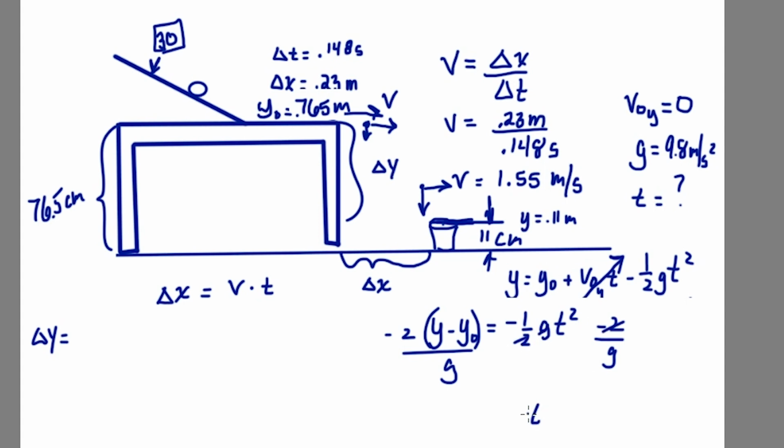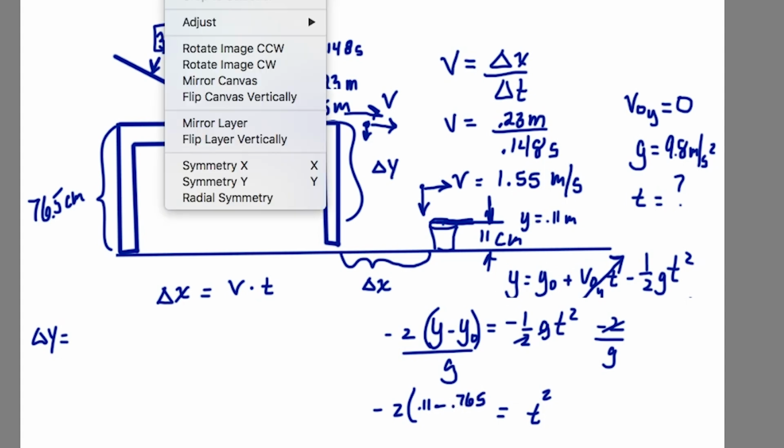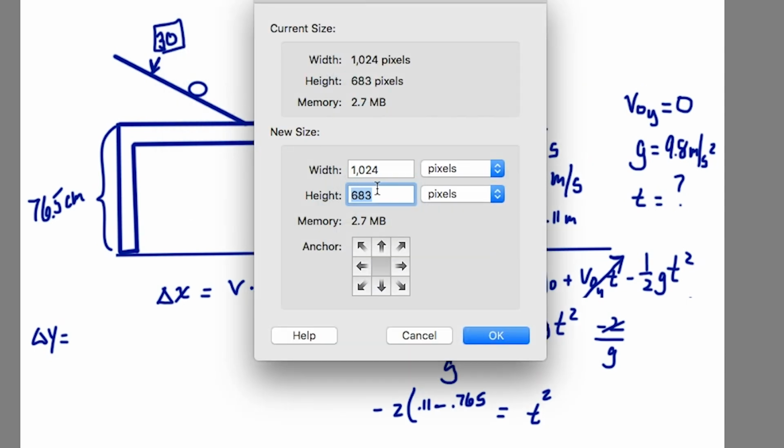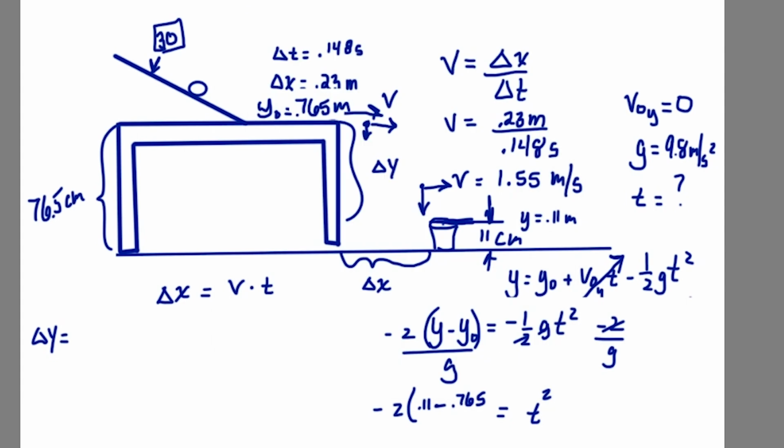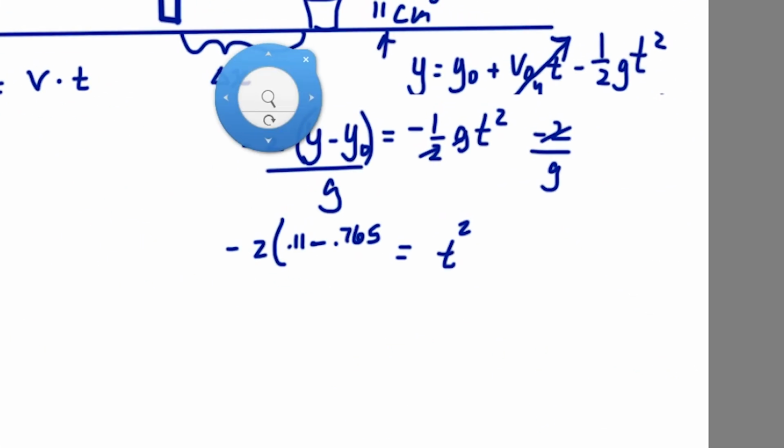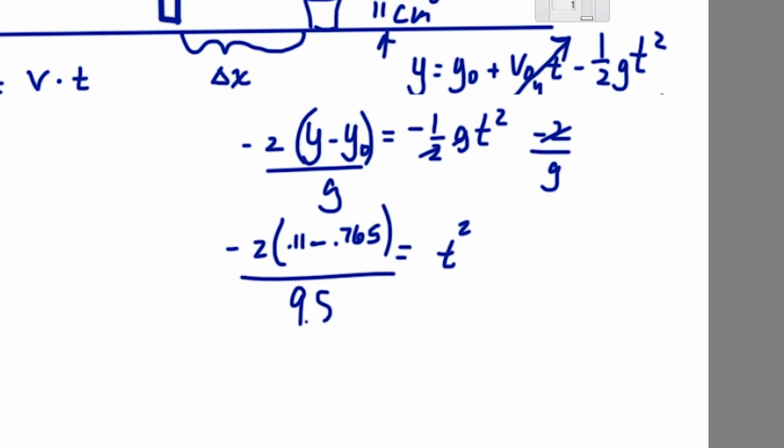So we get t squared equals -2 times y, so 0.11 minus 0.765, divided by 9.8. I took my units out.